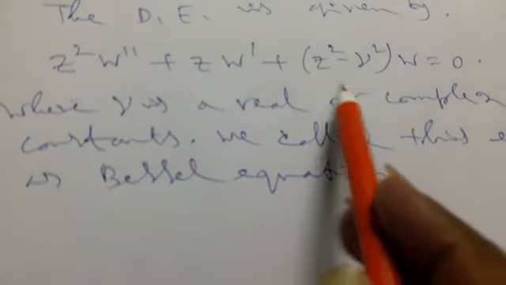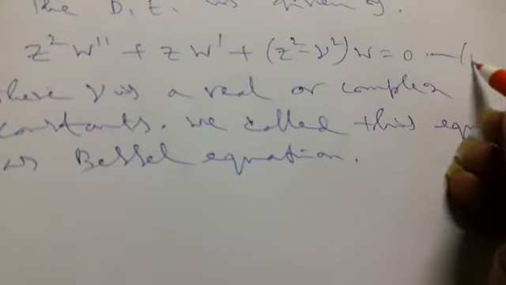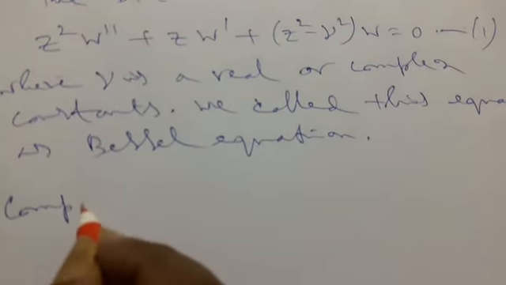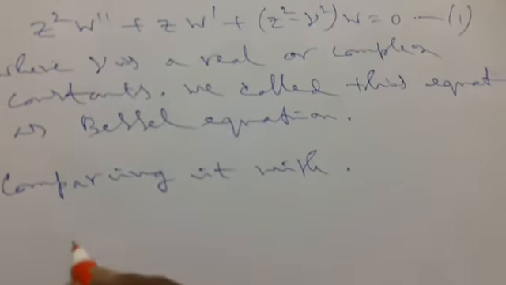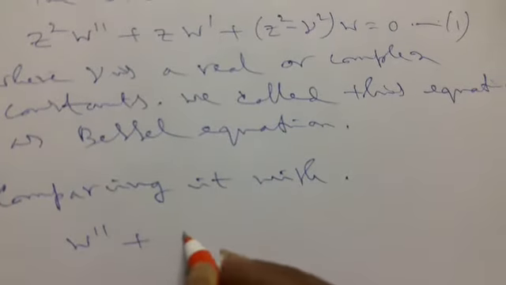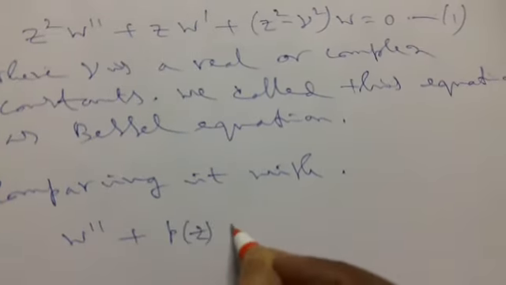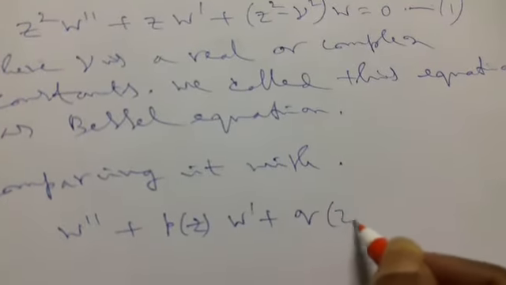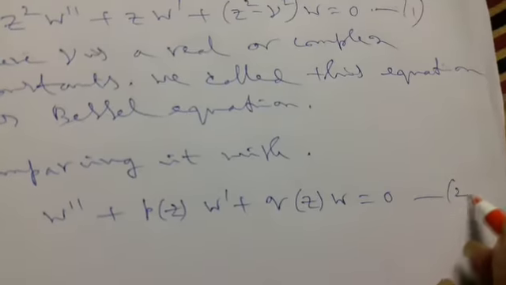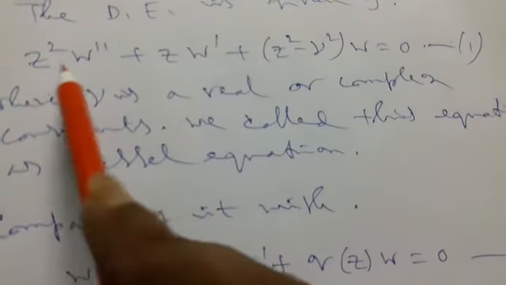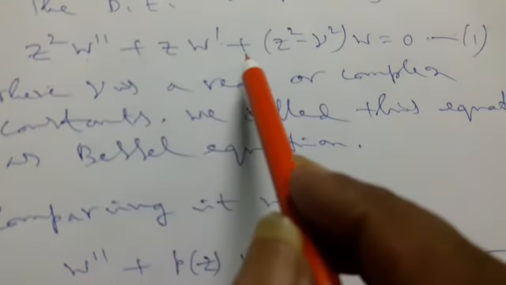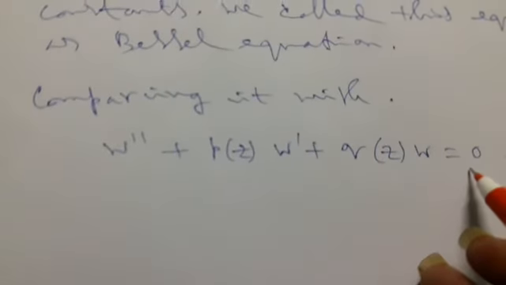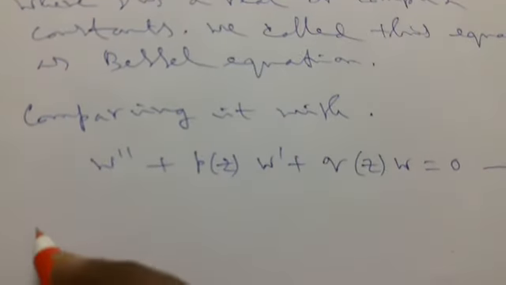Now clearly, if we take it as equation number 1 and compare it with w double dash plus p(z) w dash plus q(z) w equals to 0, taking it as equation 2, it is clear that w, w dash, that is dw by dz, are all functions of z, with derivatives with respect to z. That's why we have all complex valued functions.